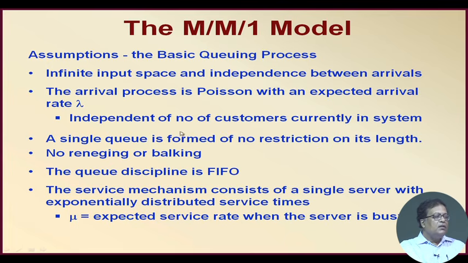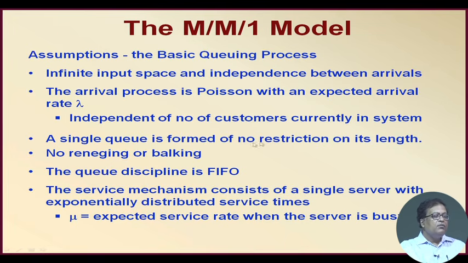First of all, we assume an infinite input space and independence between arrivals. That means the arrival of one person is independent of another person arriving. The arrival process is Poisson with an expected arrival rate lambda, independent of the number of customers currently in the system.